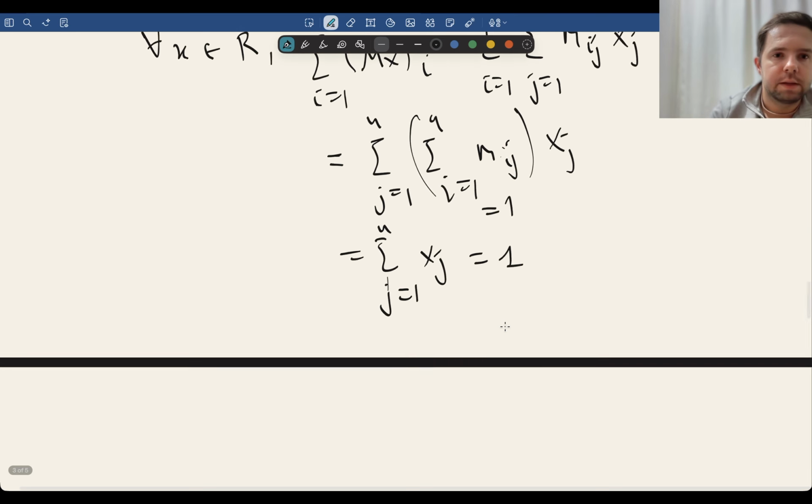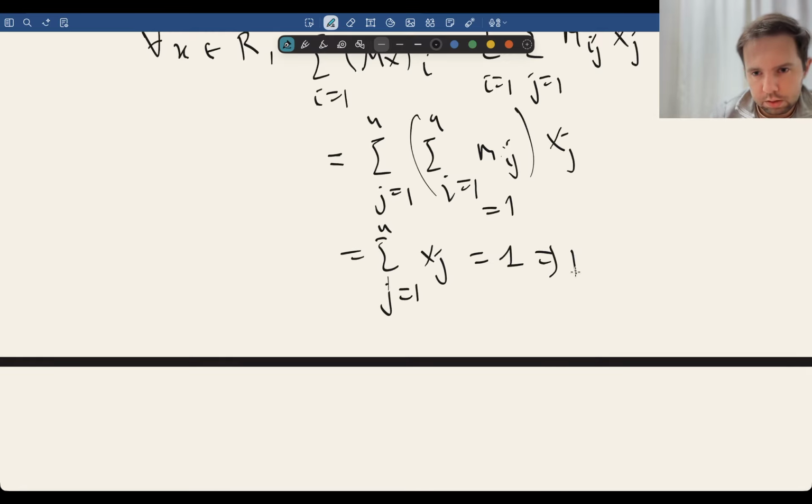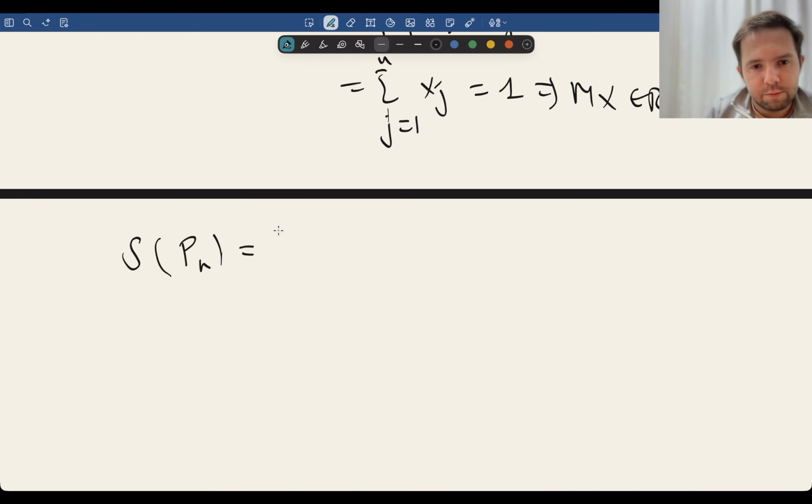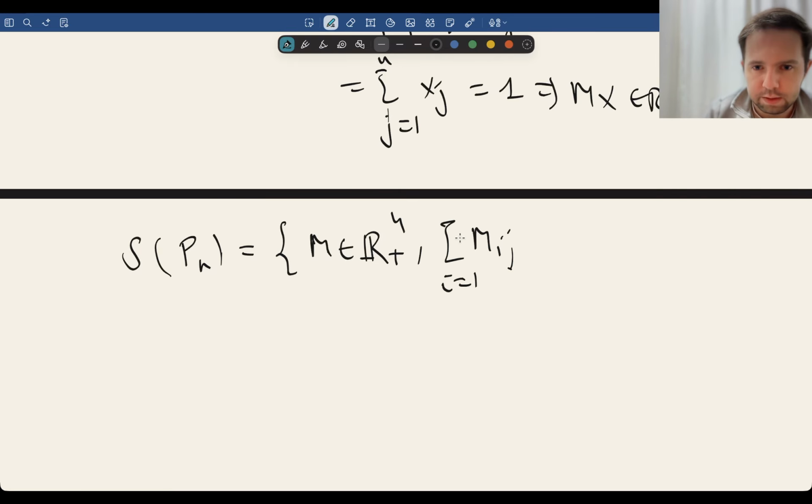And so that means that Mx is in R. So here again, we've been able to show that S of, let's say I'll write P_n, the set of probabilities of size n, is the set of matrices M in R_+^n such that the sum of m_ij over i is equal to 1 for all j.